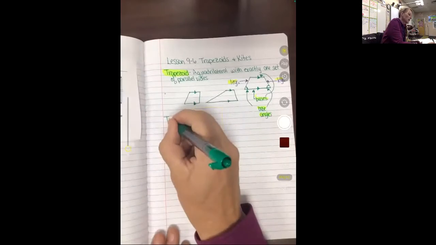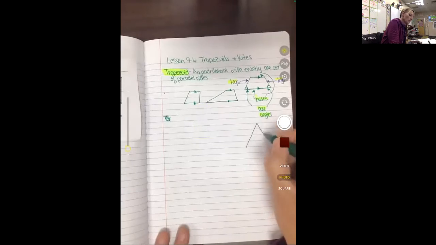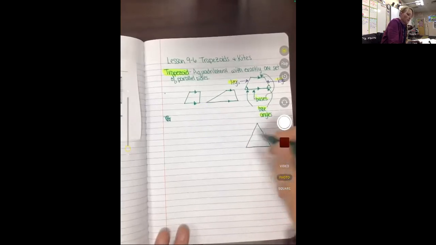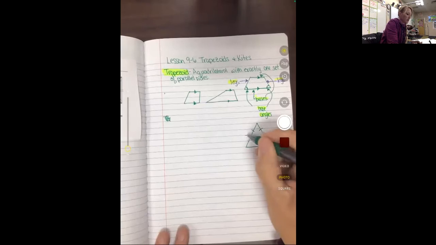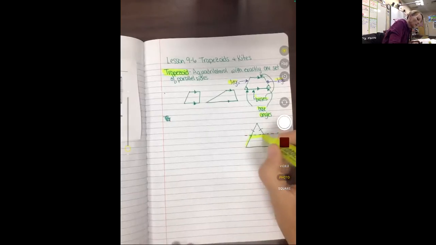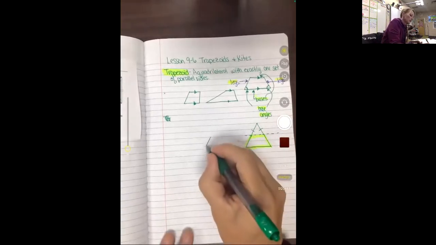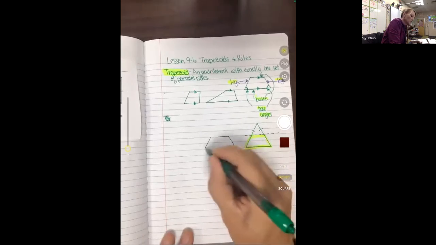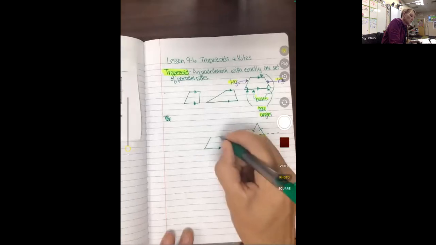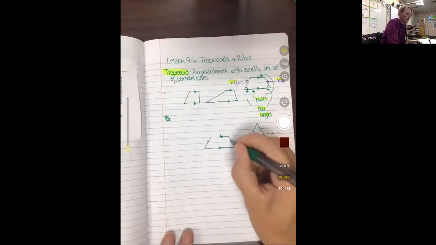Now, there is a special kind of trapezoid, and the special kind of trapezoid comes directly from an isosceles triangle. So if we were to cut this top part off of this isosceles triangle, this would create a parallelogram. I'm sorry, not a parallelogram, a trapezoid. That trapezoid that is created from an isosceles triangle still has one set of parallel sides, but it also has one set of opposite sides congruent.